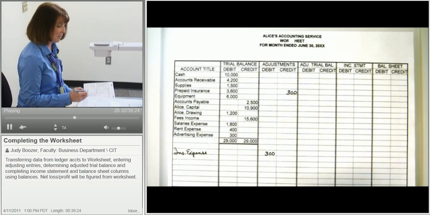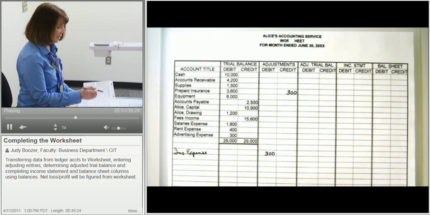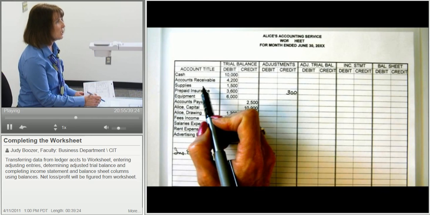First adjustment, we're done. Second one, supplies on hand on June 30th equal 300. What do we need to do with that information? Okay, we need to see what we started with.